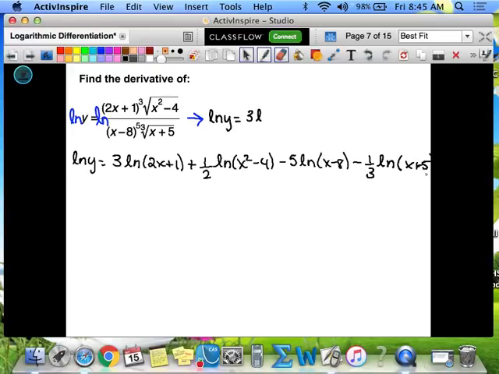Now, easy. Now it's just like, you've got 4 problems, just do them one at a time. I'd rather do 4 little problems than one ginormous problem, right? Take the derivative of everything. What's the derivative of natural log of something? The derivative of that thing over that thing, right?